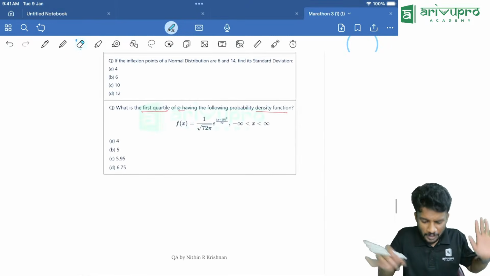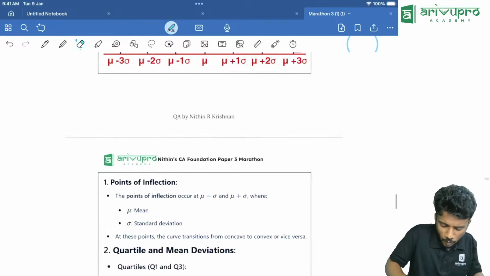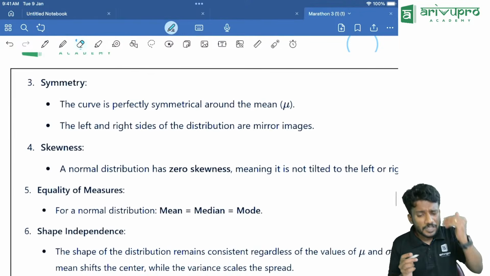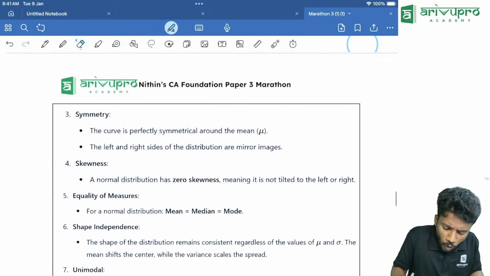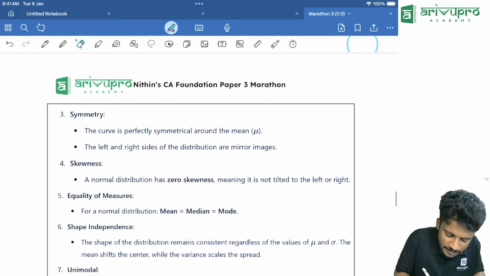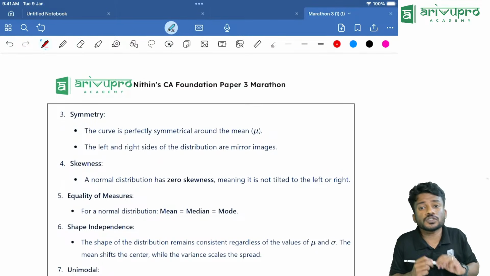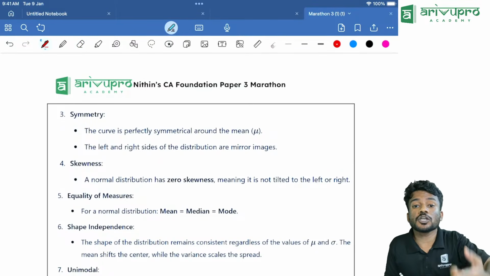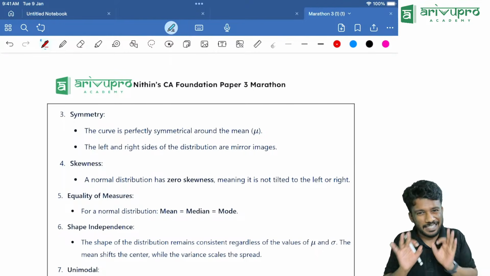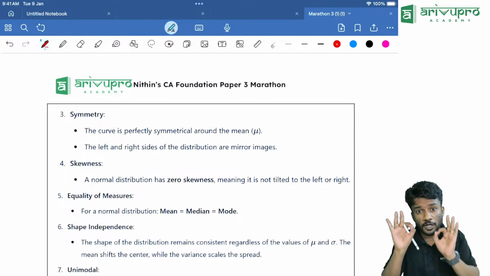Okay. Now I just erased it off. Now people, a few more formulas we need to know. Now coming to the symmetry part, normal distribution is always symmetrical. It is perfectly symmetrical and there is no skewness. What do you mean by skewness? Skewness means there is asymmetry or non-symmetry. Is normal distribution symmetric or asymmetric?